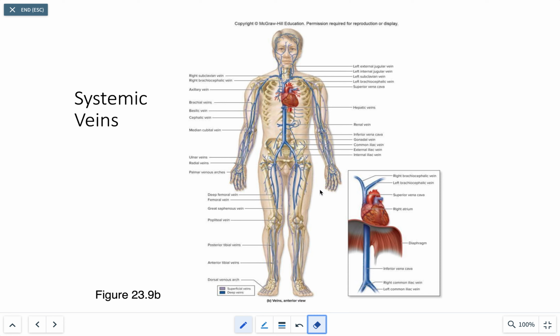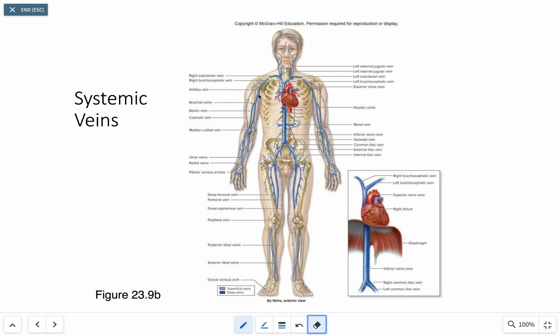That's just a little fun fact about the great saphenous vein. The biggest one coming out would be the femoral vein, which then turns into the external iliac, which then eventually connects up into the inferior vena cava.